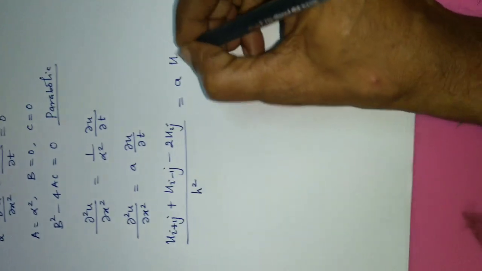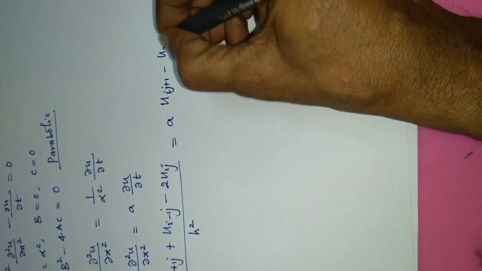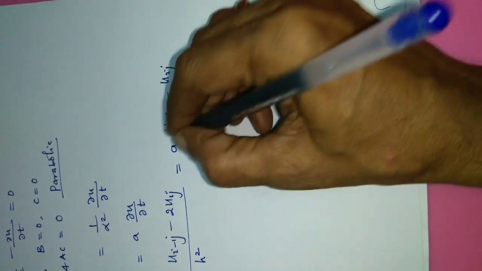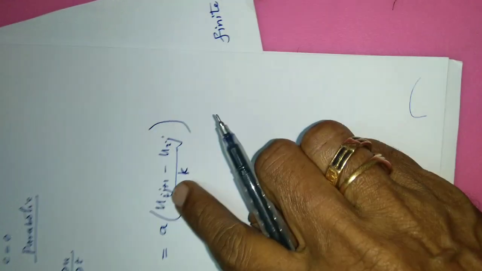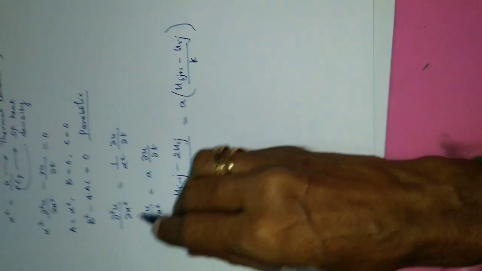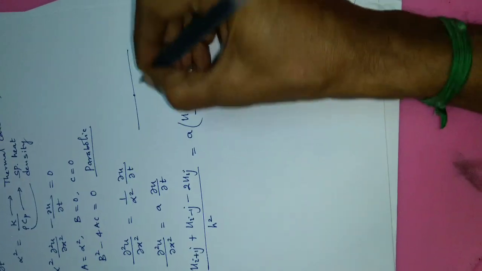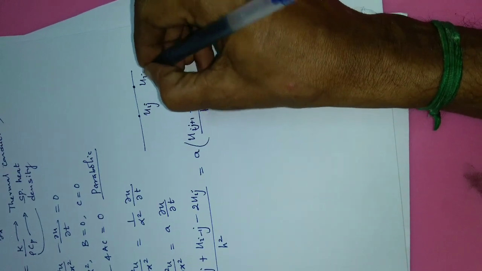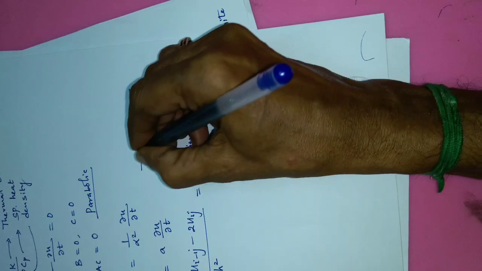So I'll rewrite the finite difference form: u(i,j+1) minus u(i,j) by k. I am using forward difference for this case, of course, for ∂U/∂t. When you take the finite difference equivalent for the second partial derivative, our focus on this point is u(i,j) and u(i+1,j) and u(i-1,j).